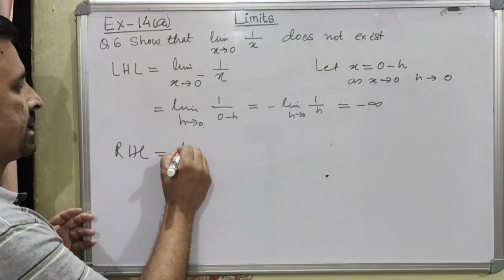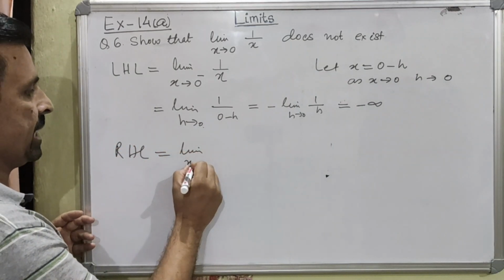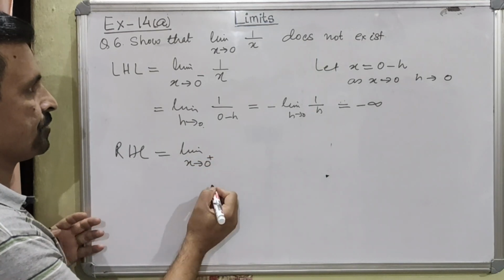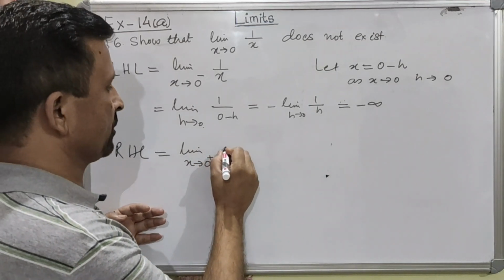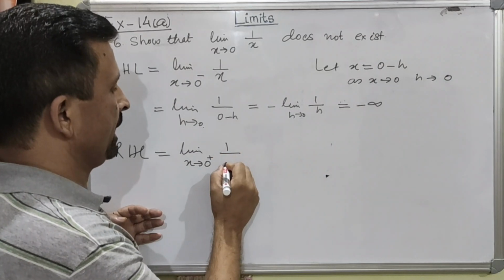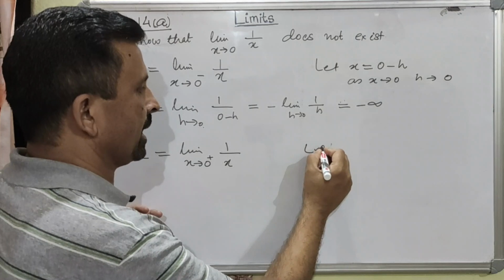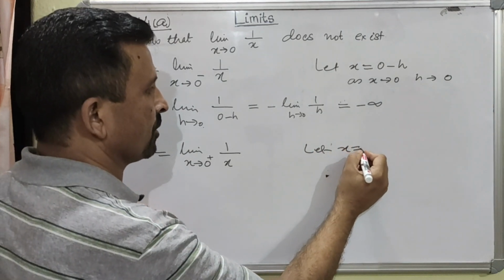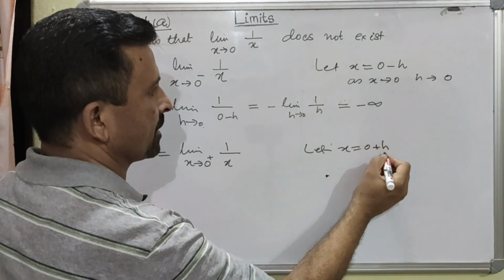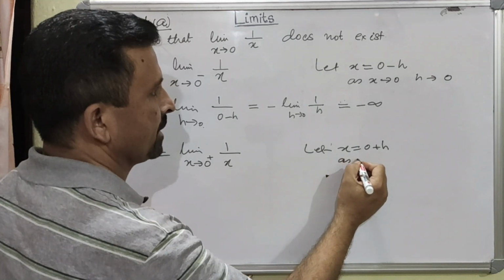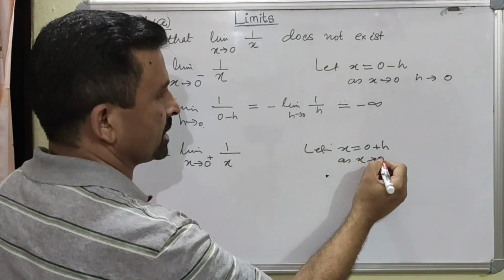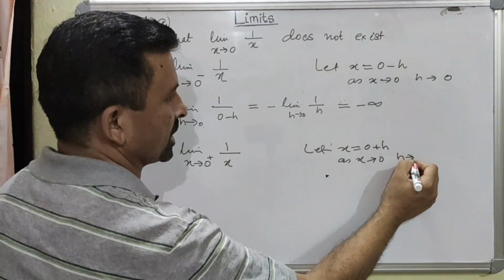Right hand limit, this is limit x tending to 0 plus. So this we will write as 1 over x. Okay, and then once again we will assume let x is equal to 0 plus h. So as x approaches 0, h is also approaching 0.